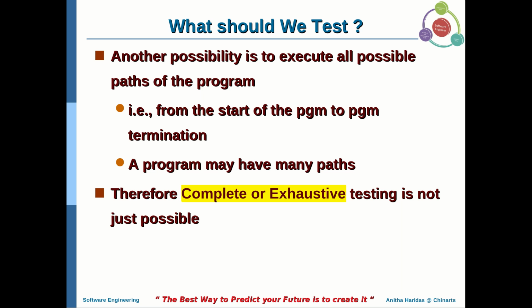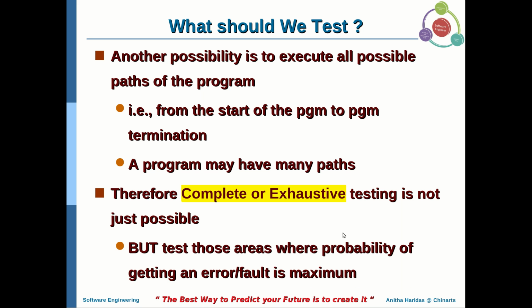Therefore, complete or exhaustive testing is just not possible. So what you have to do is test those areas where the probability of getting an error or fault is maximum. Only those areas you are going to identify, and only those areas you are going to test with proper strategies that we are going to use in software testing.